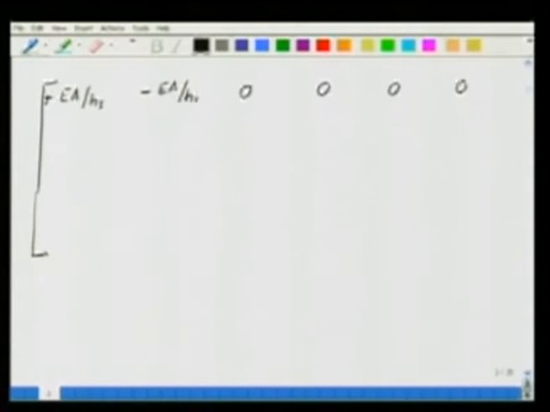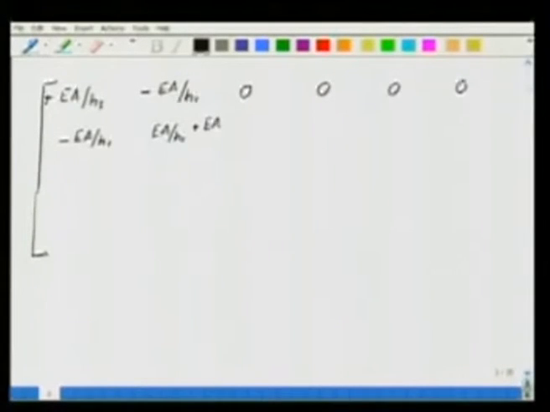Second one was minus EA by H1, here I will get, because of the assembly, EA by H1 plus EA by H2, third one will be minus EA by H2, 0, 0, 0.